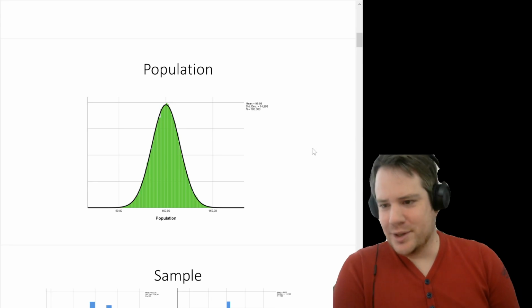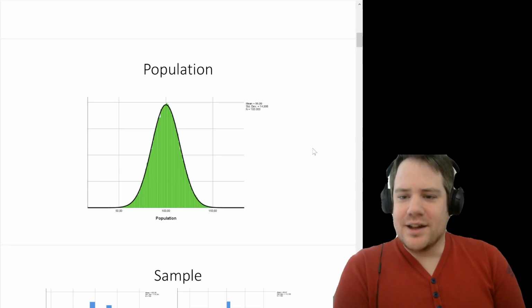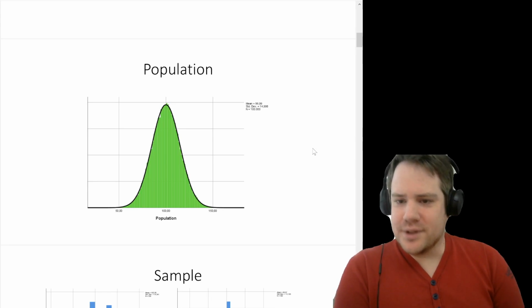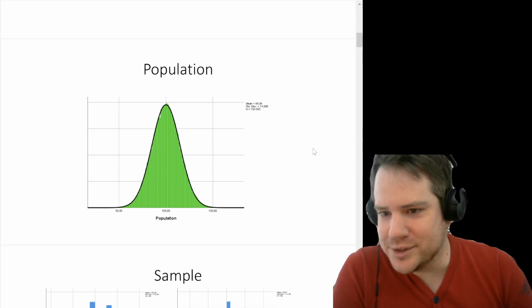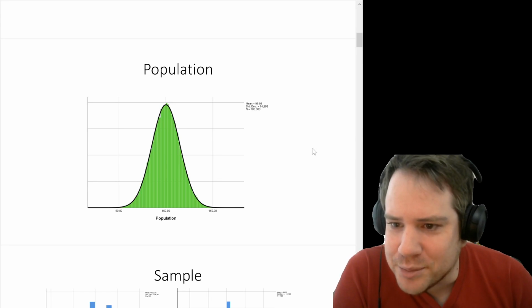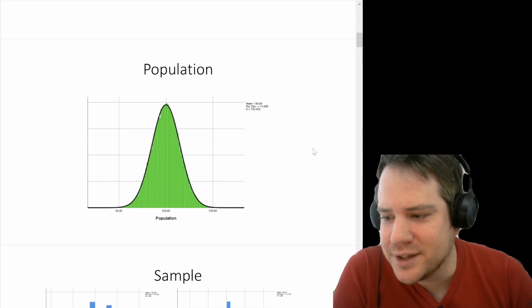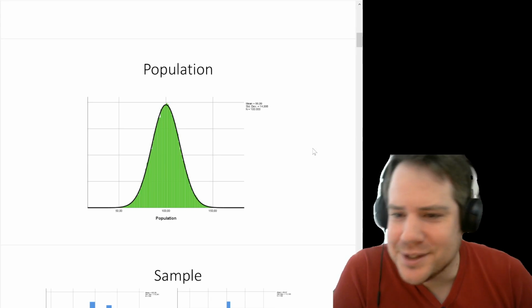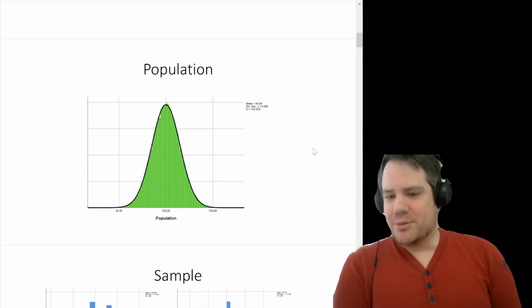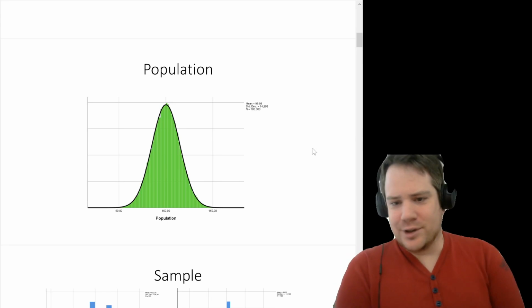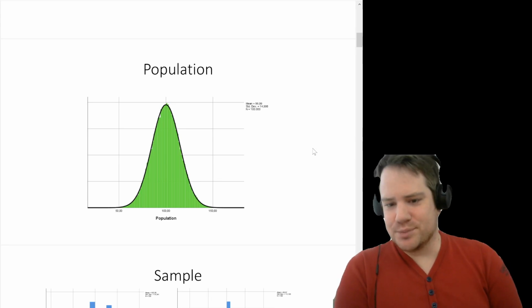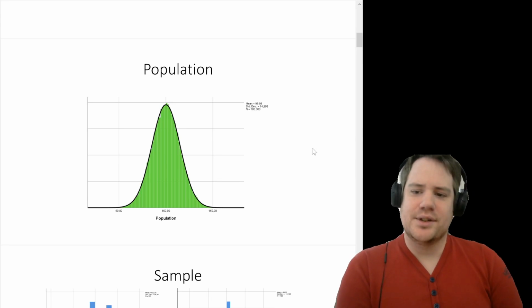this is just all simulated data. I made a data set with 100,000 people in it with a mean of 100 and a standard deviation of 15. Now, as you can see, due to randomness, it's not exactly that, but it's 99.9 and 14.998, so close enough. That's going to be our population. We have 100,000 people. We're having IQ scores, and they follow the normal distribution perfectly for convenience.